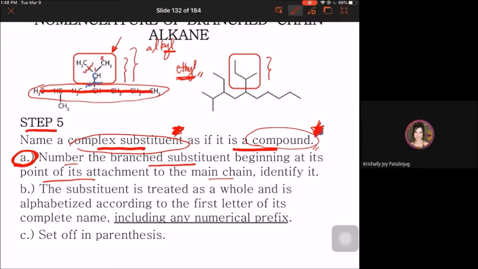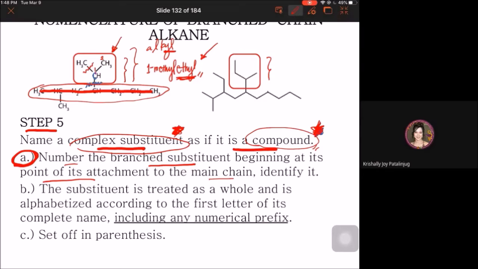Therefore, in this given complex substituent, the ethyl has a sub-branching at carbon 1. That is why you name it as 1-methyl ethyl.